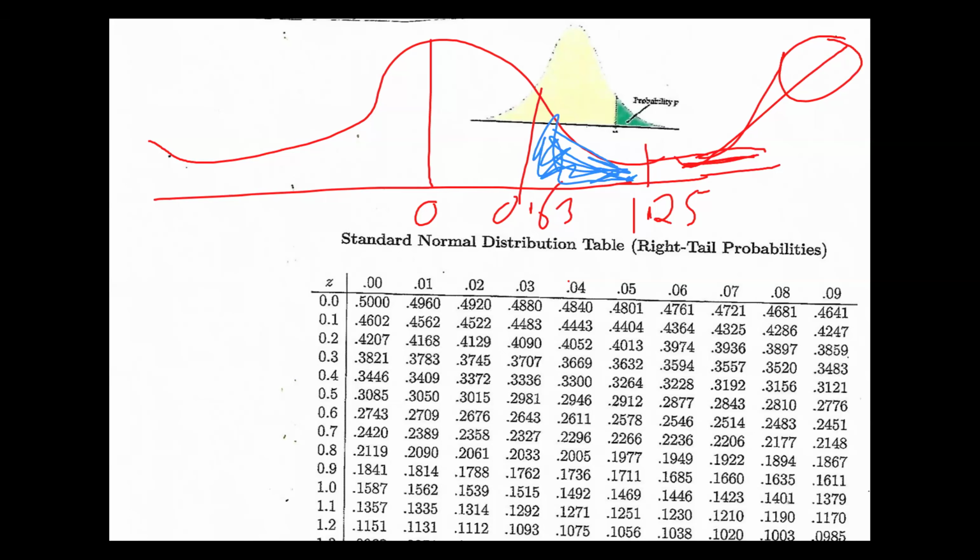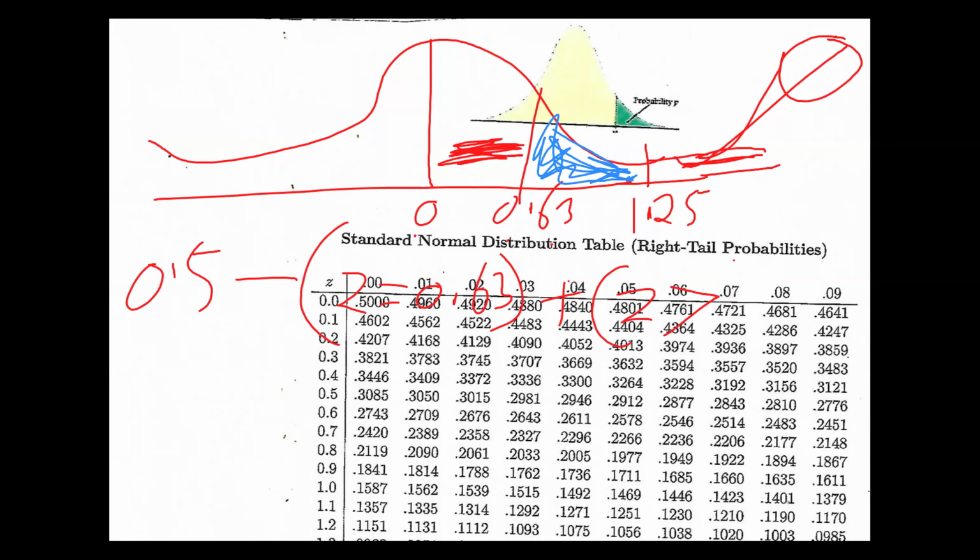So the total is 0.5 minus the probability Z is equal to 0.63, which is this area, plus the probability Z is greater than 1.25. Have you followed? When you deduct this area, and also this one, you remain with the blue area from 0.5, correct? Yes.